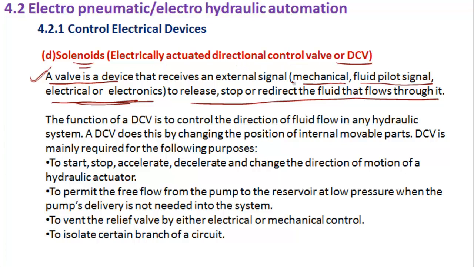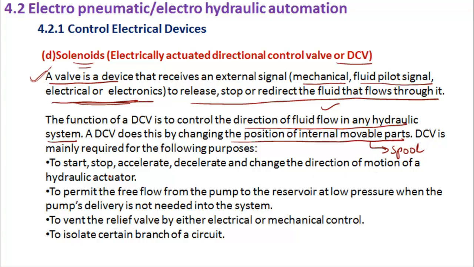Now what is the function of a DCV or a directional control valve? It is to control the direction of the fluid in any hydraulic system. And how does it achieve this? It achieves this by changing the position of an internal movable part, which is the spool. So by changing the spool, the direction of the fluid is controlled in any hydraulic system.